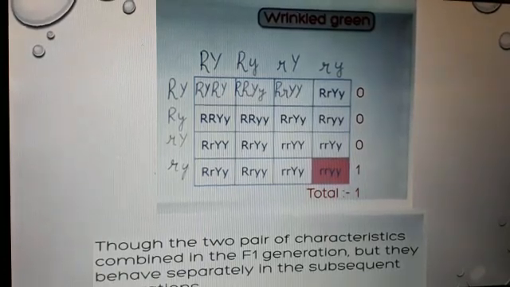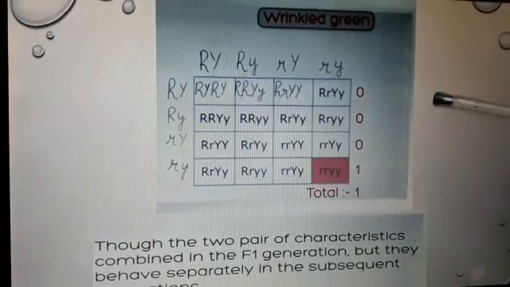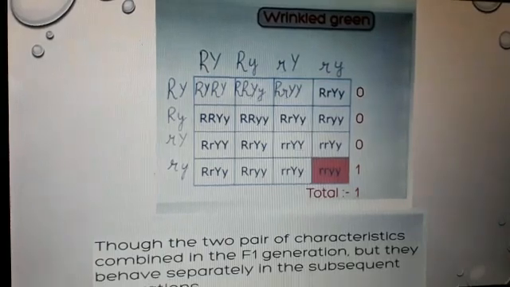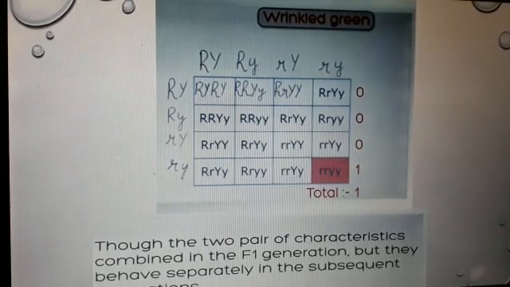So, that is the only one which will be wrinkled and green. And if we see the total genotypic ratio, that will be 9:3:3:1.